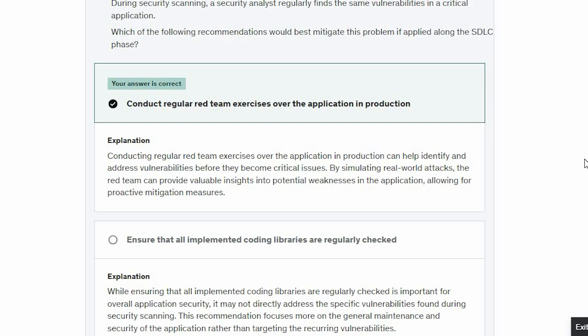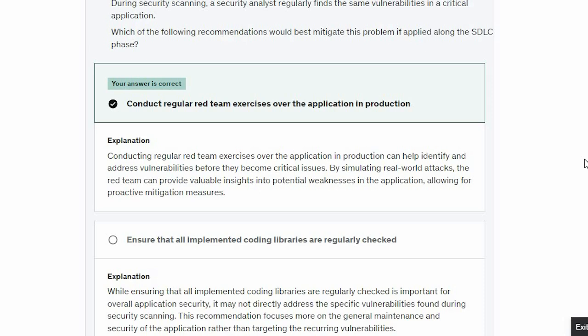Question number 2, answer explanation. Conduct regular red team exercises over the application in production. This is the correct answer for this scenario. Conducting regular red team exercises over the application in production can help identify and address vulnerabilities before they become critical issues.